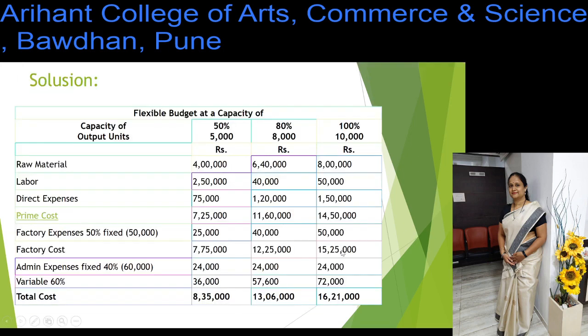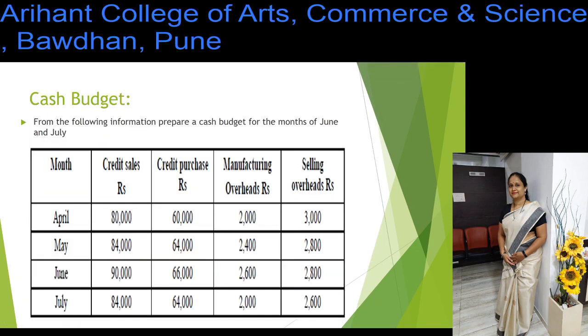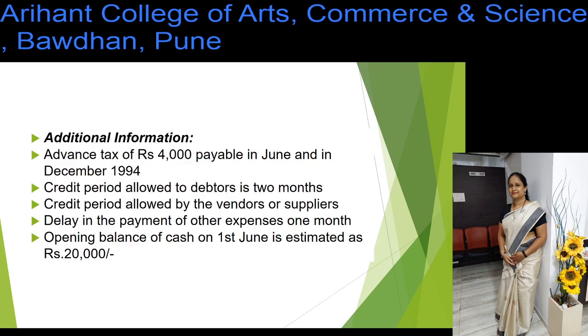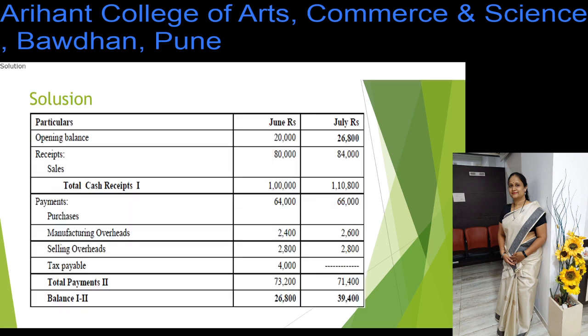So all these four columns are posted: credit sales, credit purchases, manufacturing overheads and selling overheads. Now let us see if any other adjustment is given. The delay, we have considered. Advance tax of rupees 4,000 is payable in June and December, so tax you need to include in payments.